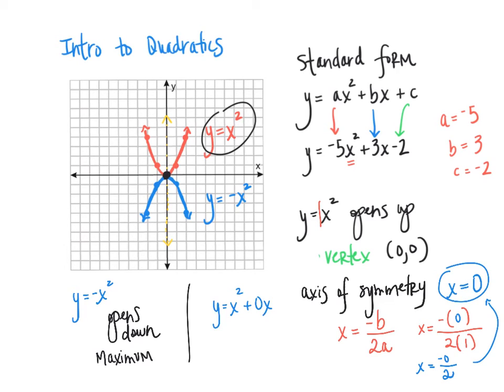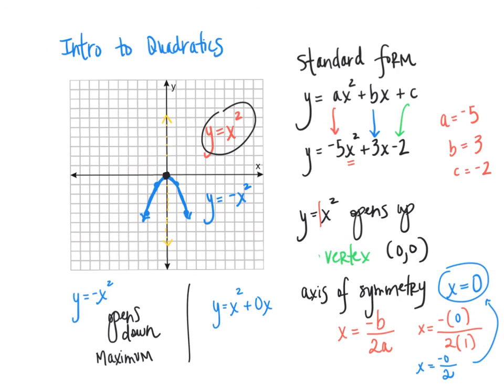So if I erased this y equals x squared parent function, you're going to have a maximum point right at 0, 0. There's your maximum point.